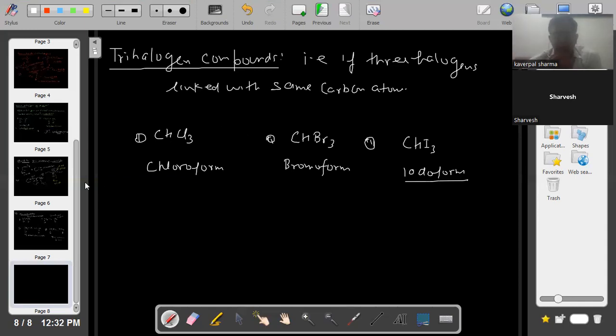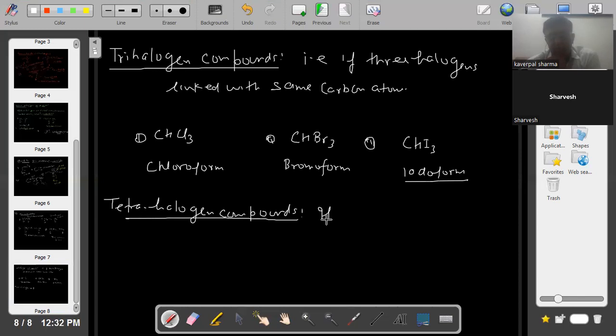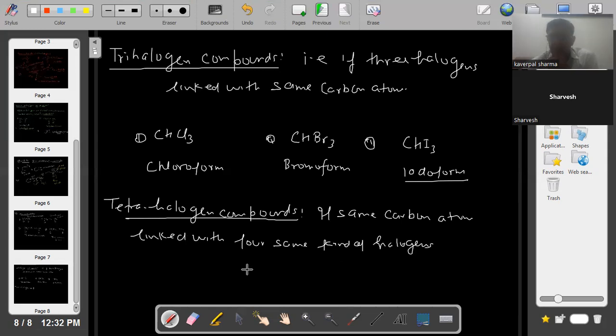Okay. The tetrahalogen compounds also. Now, in the case of tetrahalogen compounds, if the same carbon atom is linked with four of the same kind of halogen, like CCl4, that is carbon tetrachloride.